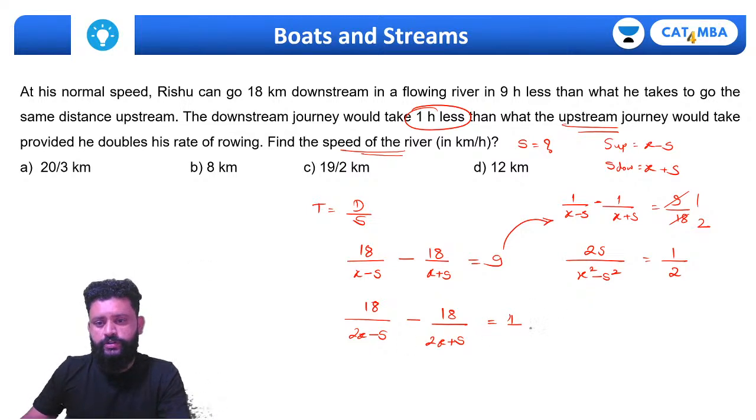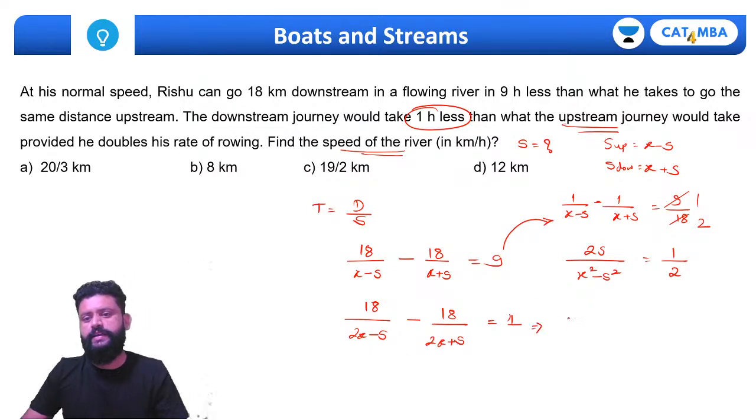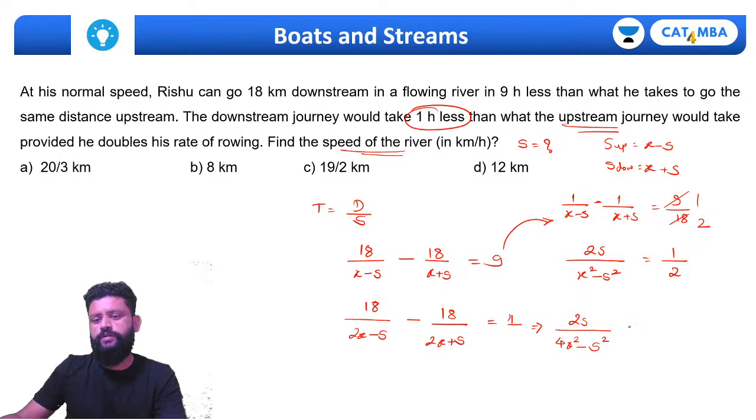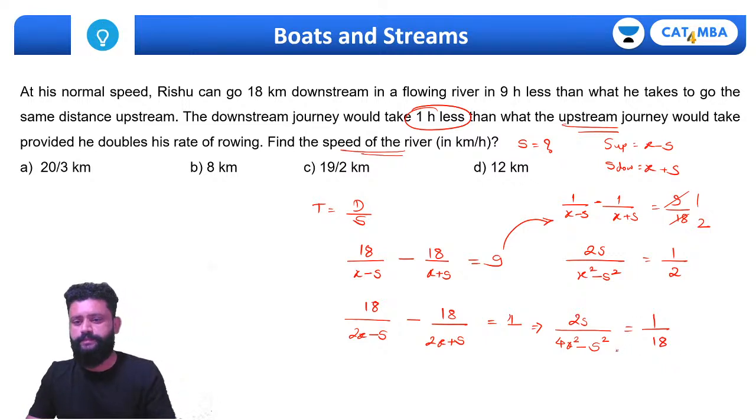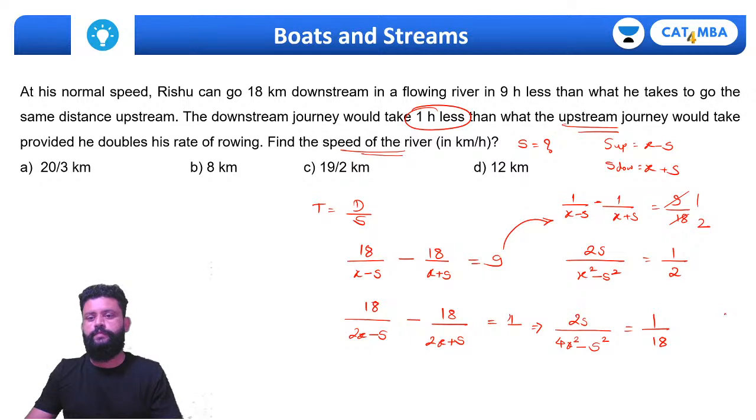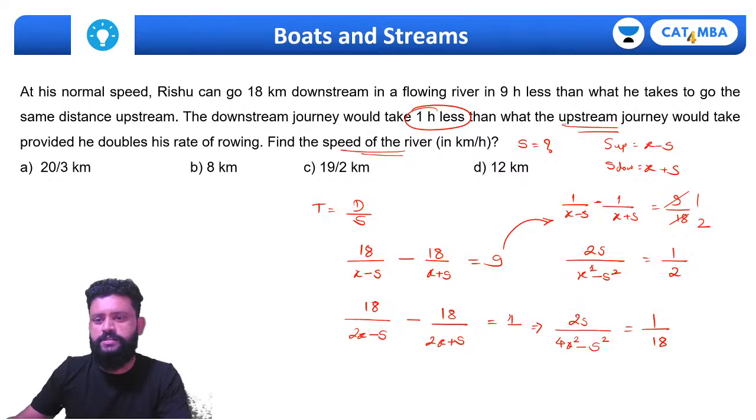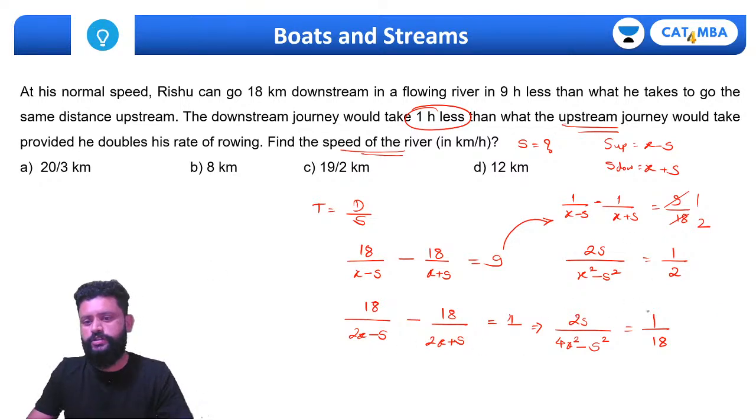Then if we solve this the same way, you will be getting 2s upon 4x square minus s square equal to 1 by 18. Then let's compare these two equations.